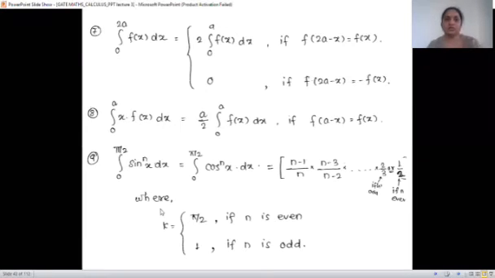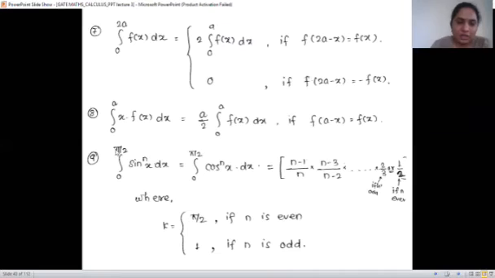Next formula, 0 to 2a is 2 times 0 to a f of x dx if f of 2a minus x is f of x, and if f of 2a minus x is minus of f of x, that is, the first condition is if it is even and the second condition is if it is odd, then it is directly 0. Next, integration 0 to a x into f of x dx is a by 2 integration 0 to a f of x dx if f of a minus x is f of x.